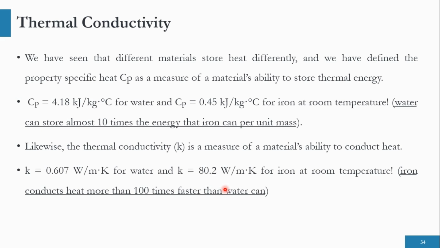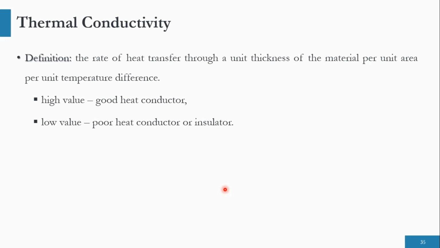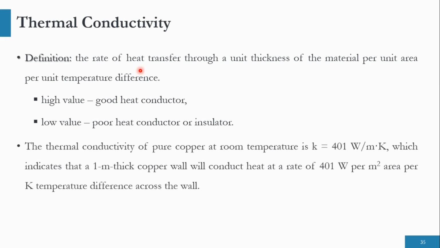But the scenario is the same: the higher the value, the higher the storage capacity in case of Cp, while the higher the value, the higher the ability to conduct heat in case of K. So we can define thermal conductivity as the rate of heat transfer through a unit thickness of material per unit area per unit temperature difference. High value means good conductor, low value means poor heat conductor.